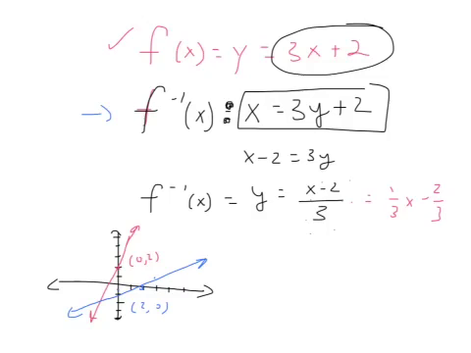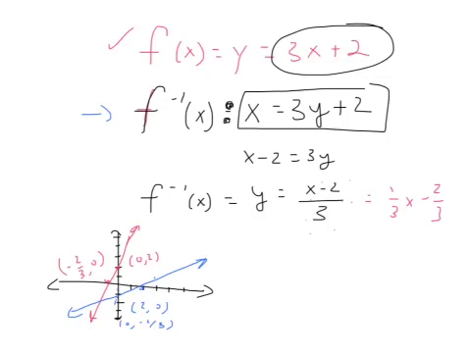And similarly, on my inverse function, that y-intercept was the point 0, negative 2/3. And on my function, I've got that point there, which is negative 2/3, 0. So we're just switching the x and y's.